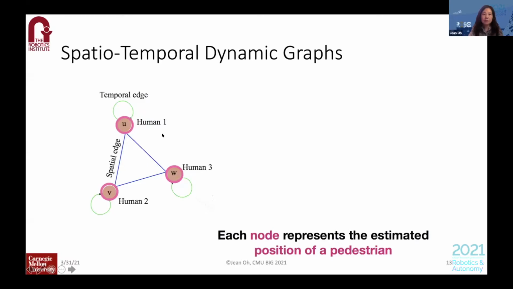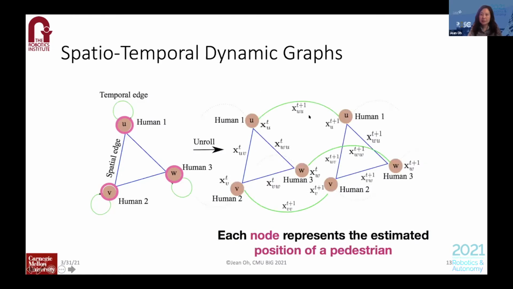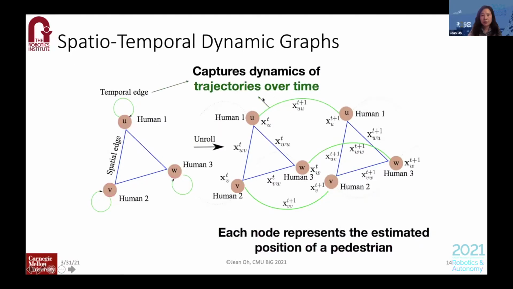So this is more of an abstract representation. And then if we unroll, we can see similar structures. The blue edges represent the spatial relation between the agents, and the green edges capture the trajectory, the temporal changes over time given one agent. So agent U at time step t and agent U at time step t plus 1.